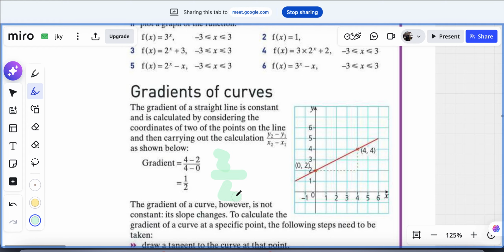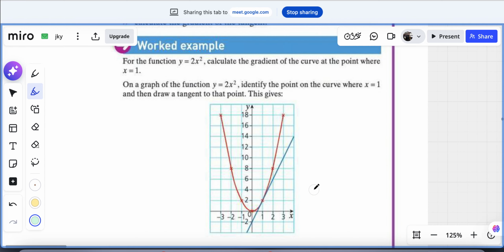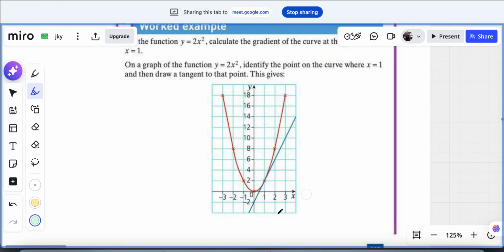So here 4 minus 2 you get 2, over 4 minus 0, you get 4. 2 over 4 is 1 over 2, which is 0.5. So this is very normal for the gradient of a straight line.